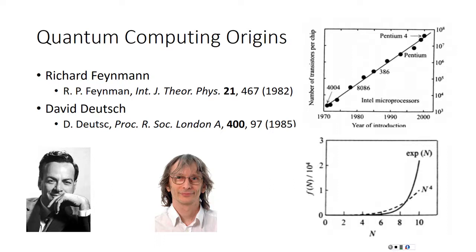Richard Feynman in 1982 proposed putting quantum mechanical effects hardware into these computers to make quantum computers. And then David Deutsch came up with a theoretical paper showing how this could actually work.